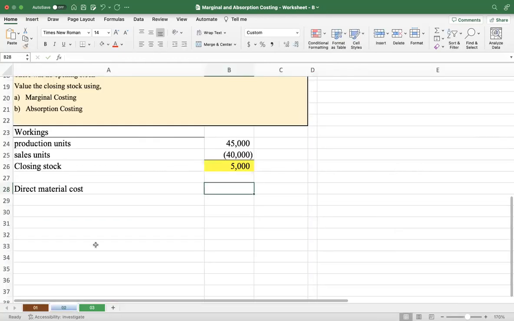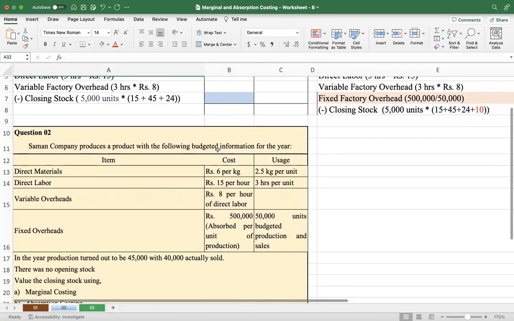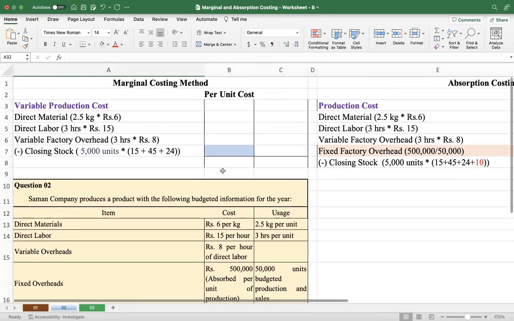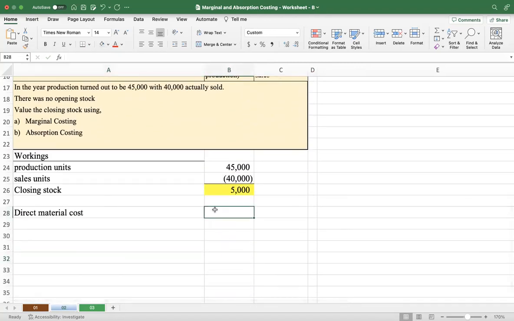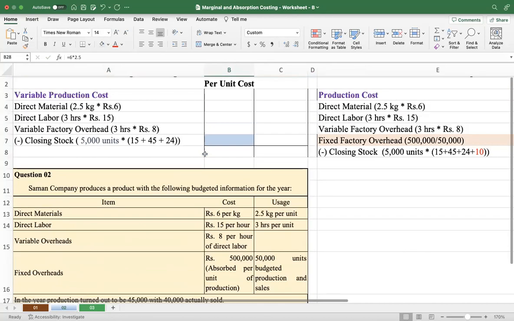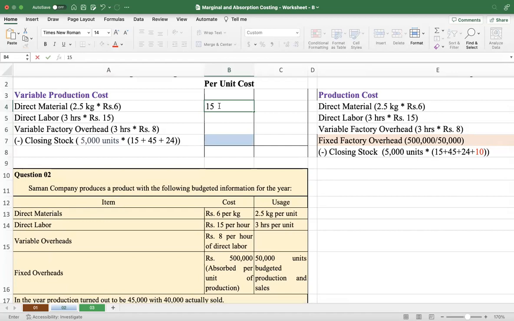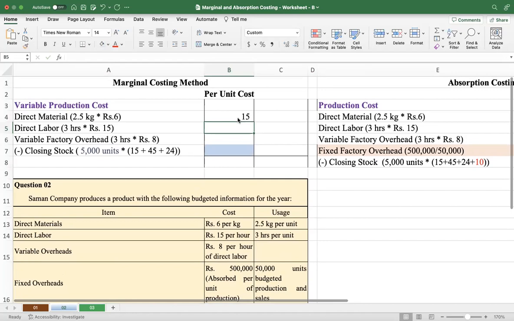Okay. Now direct material cost, how much? 6 per kilogram, 2.5 kilograms per unit. So equals 6 into 2.5, that will be 15, right? So according to the marginal costing method, the direct material will be 15.